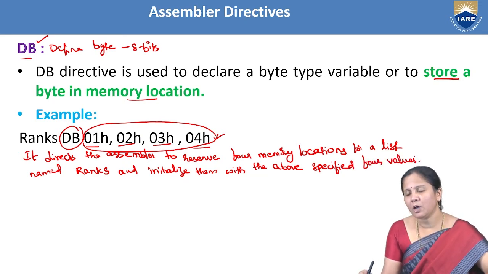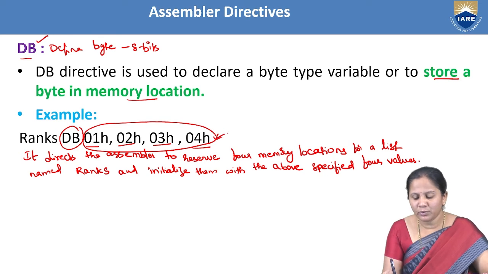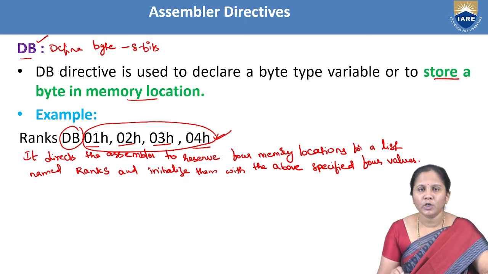Like this, however many values we declare here, the assembler directive is going to direct the assembler to reserve that many memory locations in order to store the variables declared in this instruction.